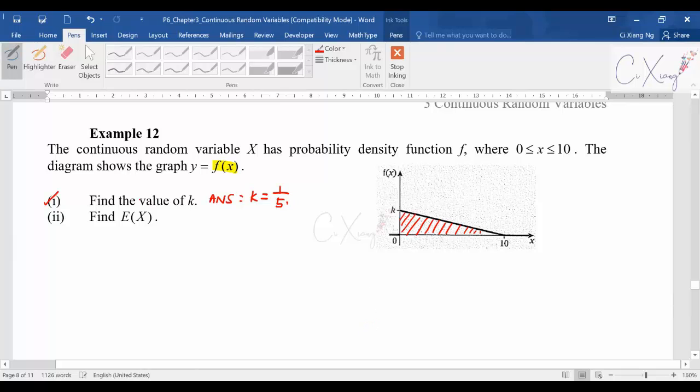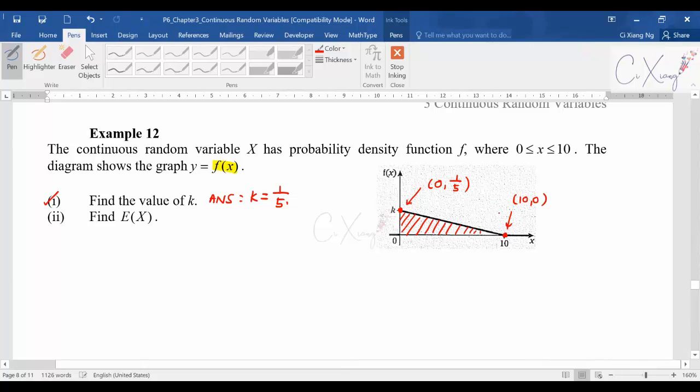Okay, and then after that they want you to find the E(X). All right, so to find the E(X), you generally have to form the equation of the function first. So how to form the equation of the function? You will know that this point itself is actually (0, 1/5), and that point itself is (10, 0).